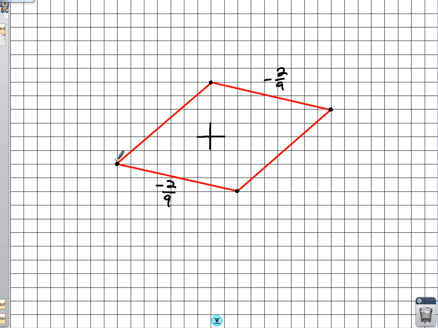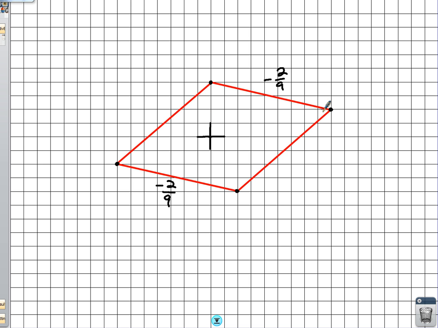And you know what? You could check slope here and slope here, but you don't have to. I know this is a parallelogram already. Anybody tell me why? Opposite sides are parallel. Anybody know anything else that's true about the opposite sides? They're also congruent. For this reason, you could draw yourself a little right triangle here and a little right triangle here. Guys, it's 2 and 9.